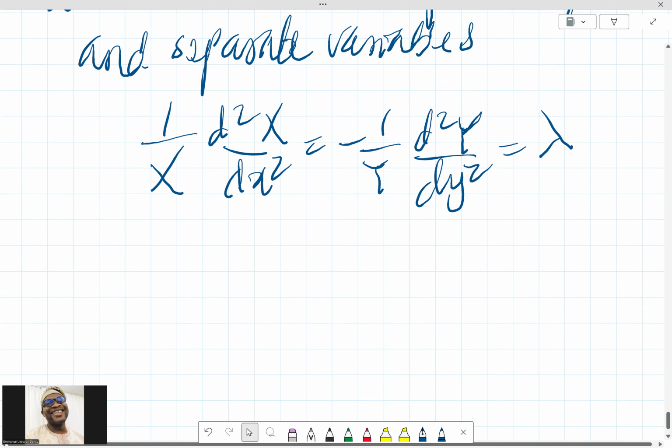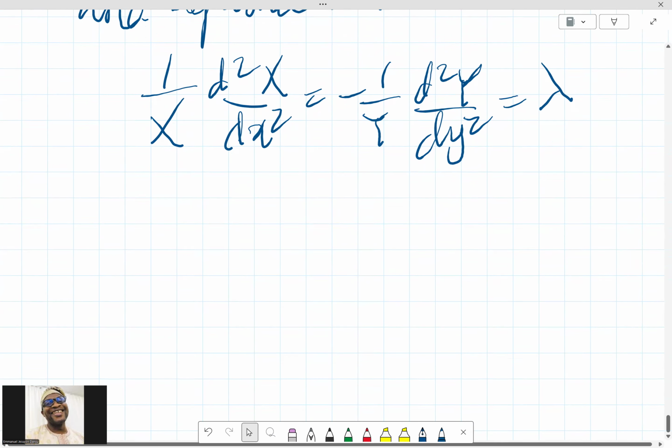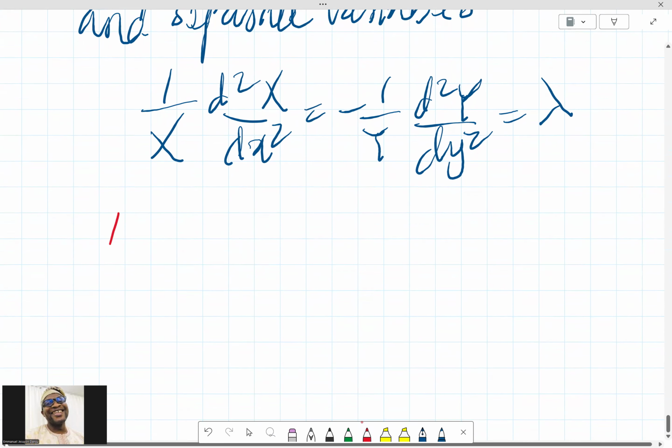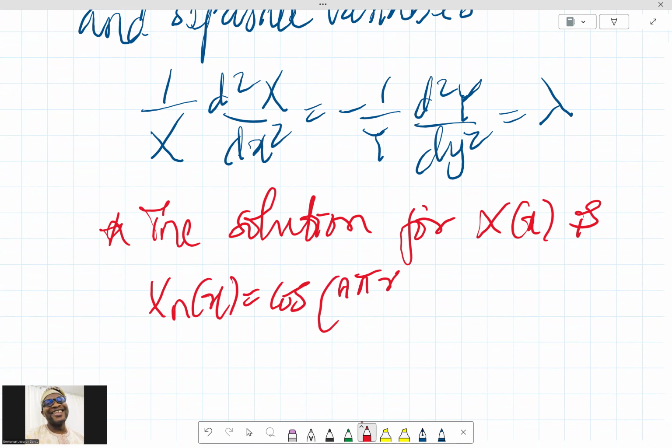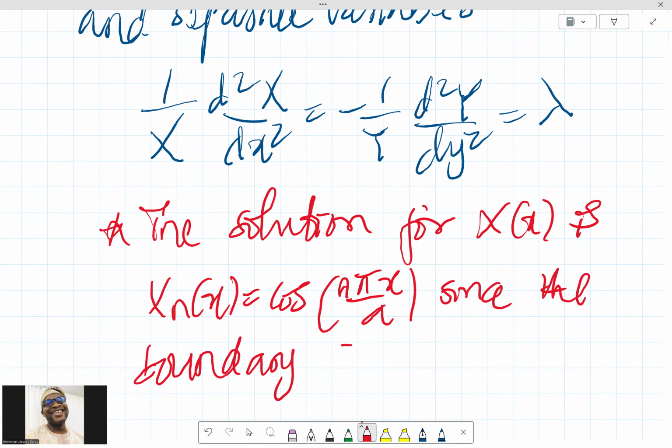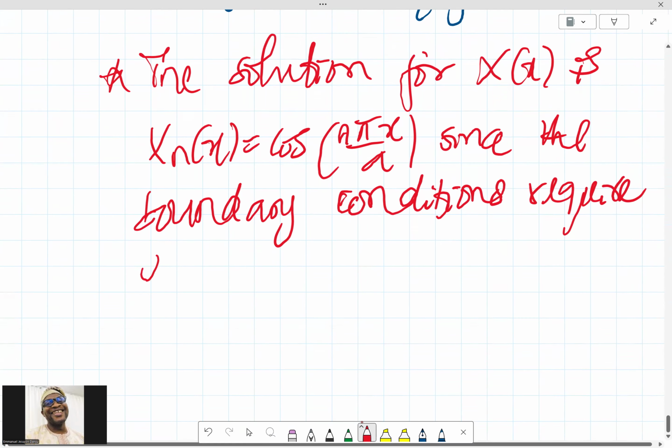So from there, under this, we can then say that the solution for X of x is X_n of x, which is cos n pi x over a, since the boundary conditions require even functions.